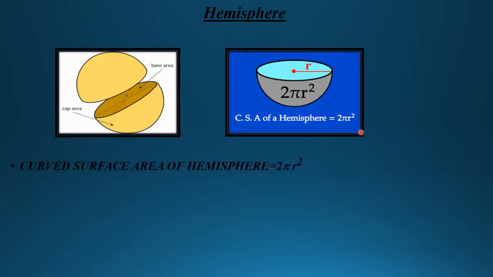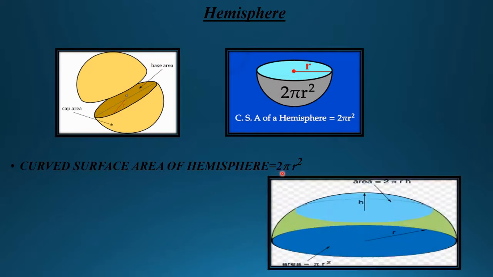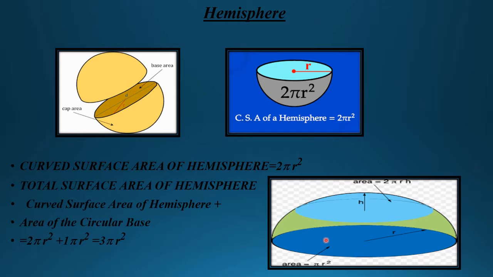The curved surface area of hemisphere is equal to 2 pi r square, and the area which is circular in shape, that is pi r square, the area of the circle, will be added to find the total surface area.